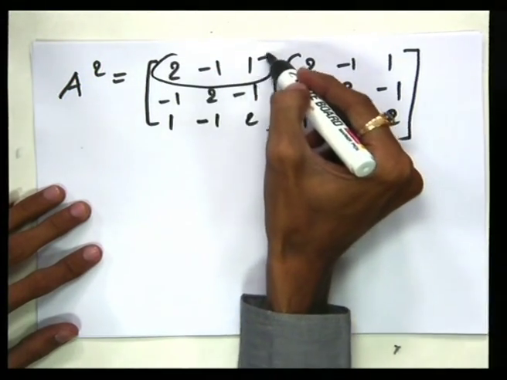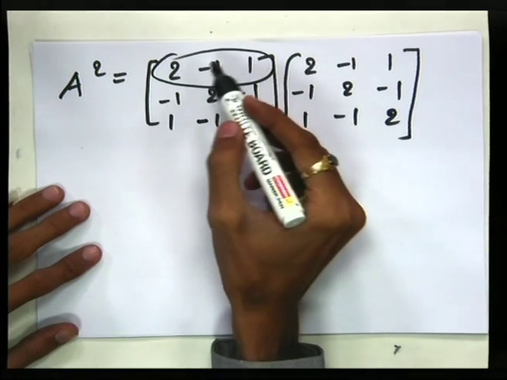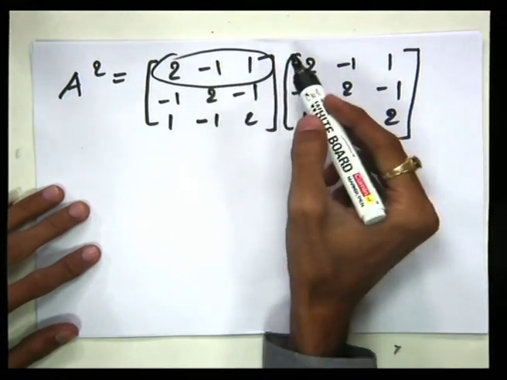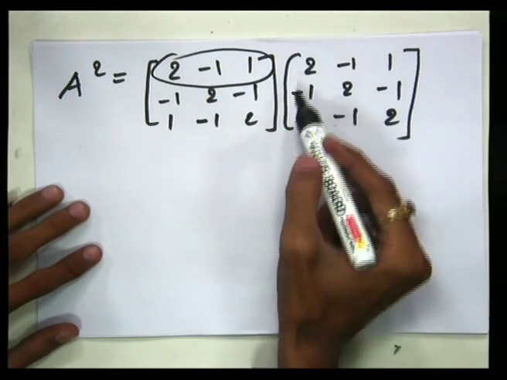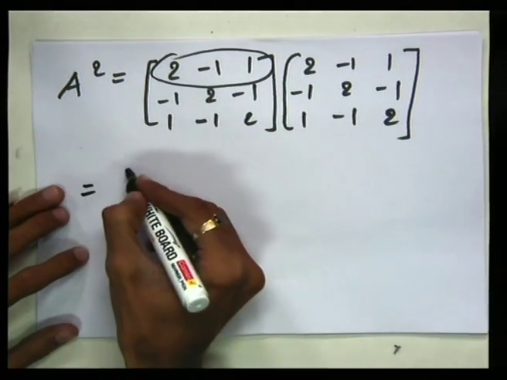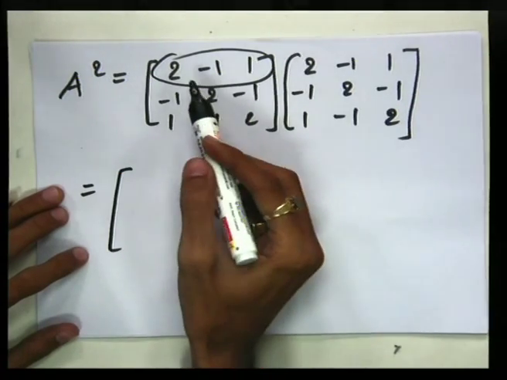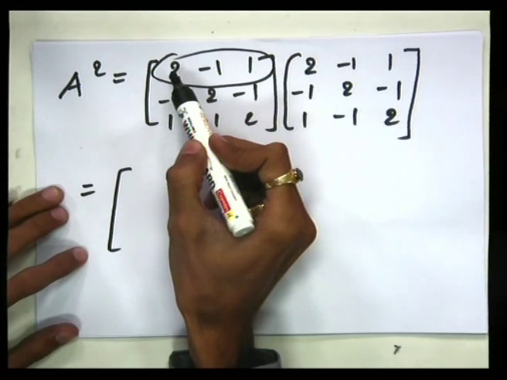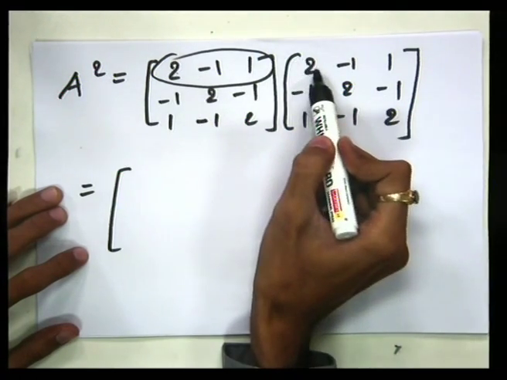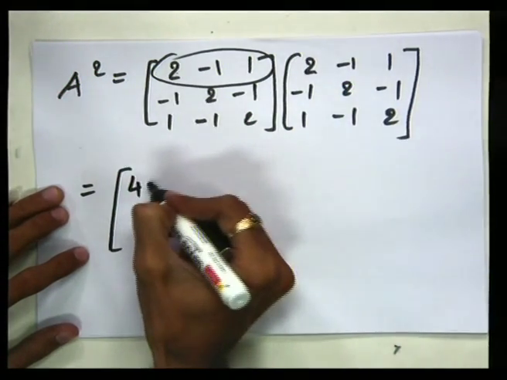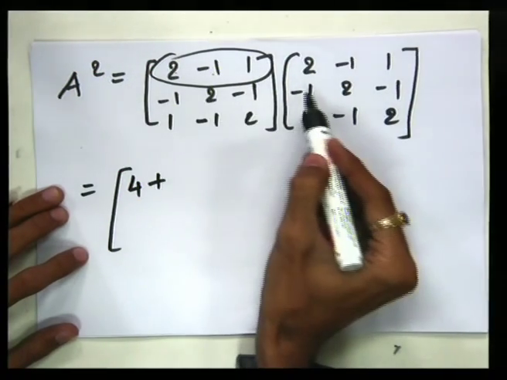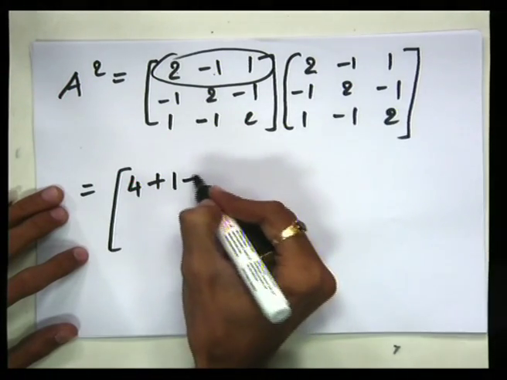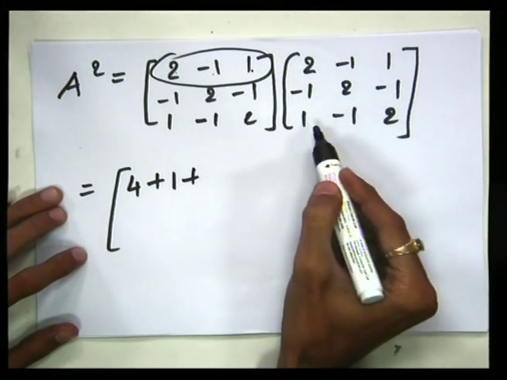First of all, we will concentrate on the first row, and we will multiply the corresponding elements of this first row with the corresponding elements of the first column, right? So 2 with 2 is 4, plus minus 1 into minus 1 is plus 1, plus 1 into 1 is 1.